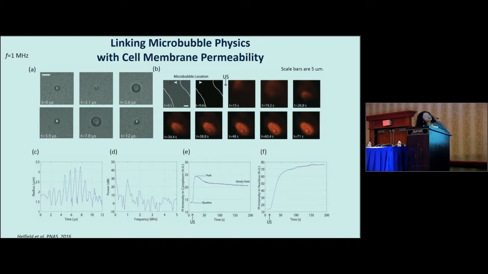Then we can take regions of interest over the cytoplasm and over the nucleus and map them as a function of time after the ultrasound event. Here it's in the cytoplasm, it peaks, and then as it enters the nucleus, it decreases in the cytoplasm and reaches a steady state. The nucleus also reaches a steady state, presumably because the pore at this point has sealed, so no more propidium iodide has entered.